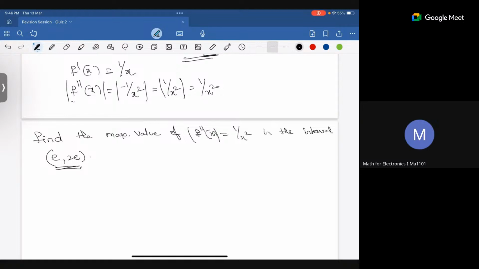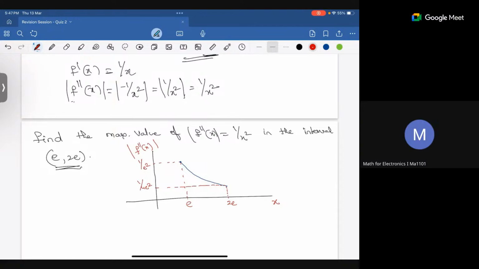If you plot the curve of the absolute value of f double prime of x against x, you see that when x is e, you will have 1 by e square, and from there the value will decrease, and finally when it reaches 2e, you will observe that 1 by 2e square, which is 1 by 4e square.